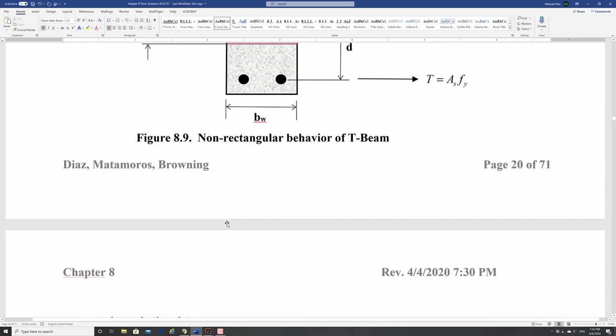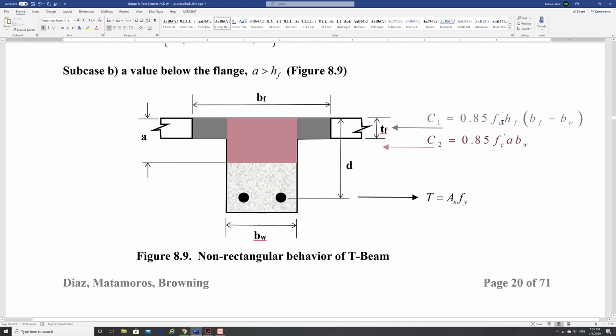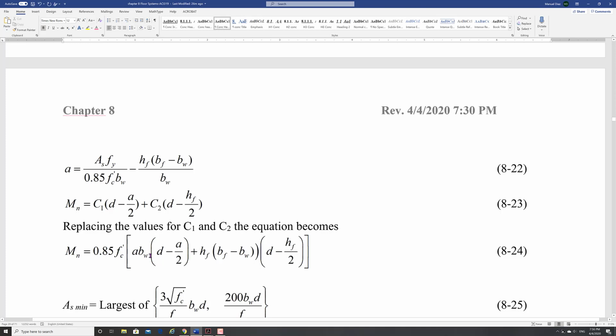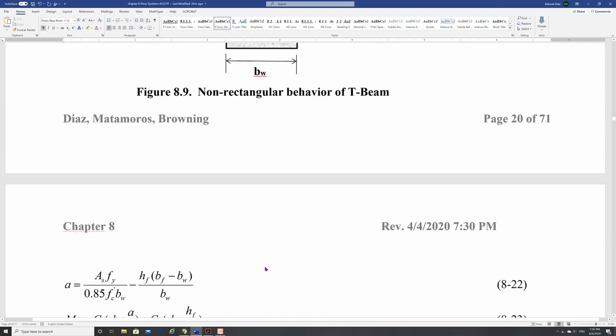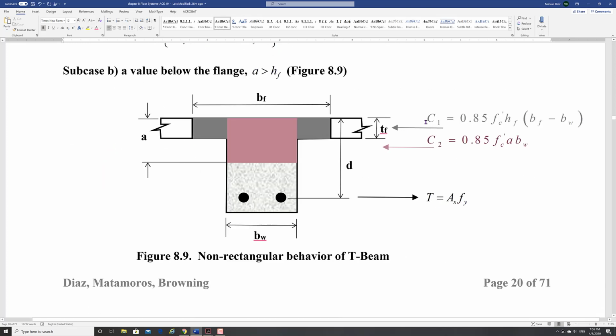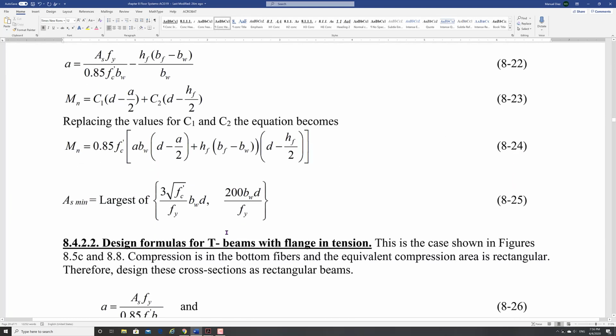This one, because your moment is taken because of these two compression forces, normally the formula comes out based on compression values. And that's the reason why I guess the FE exam decided to put this one also in terms of compression, because the second formula is a function of the compression forces. Because the equilibrium is that T equals these two forces, where the two forces have a different arm, and therefore that would not work if we use just steel.